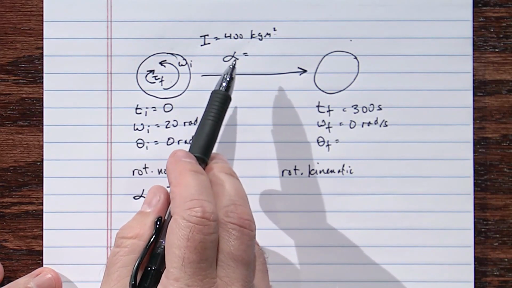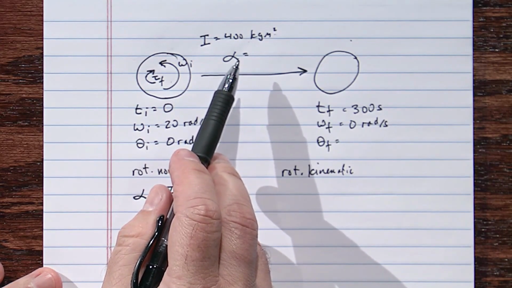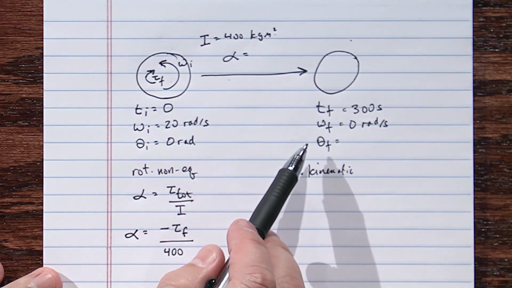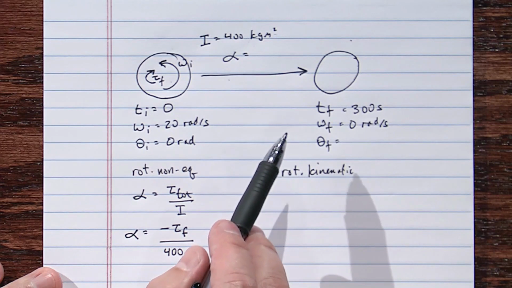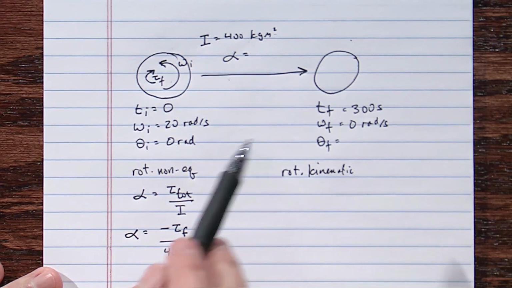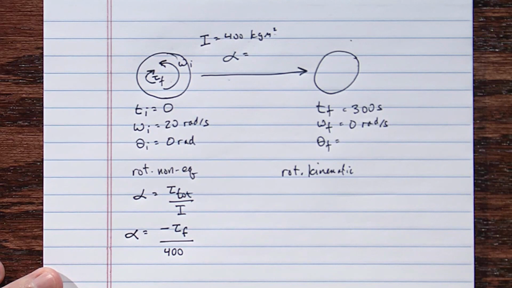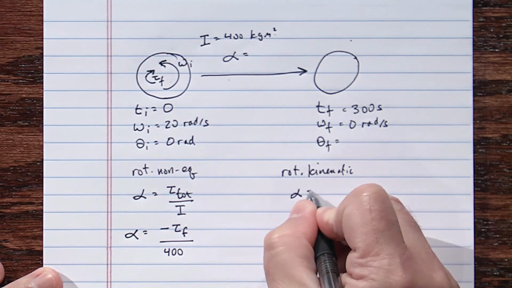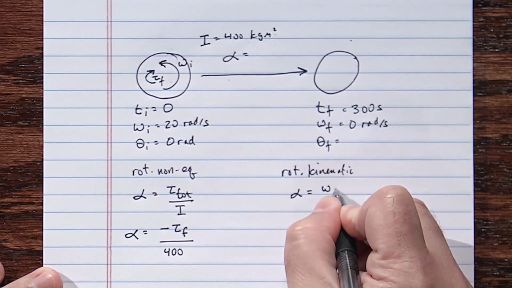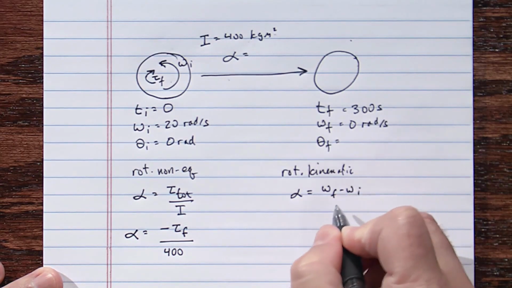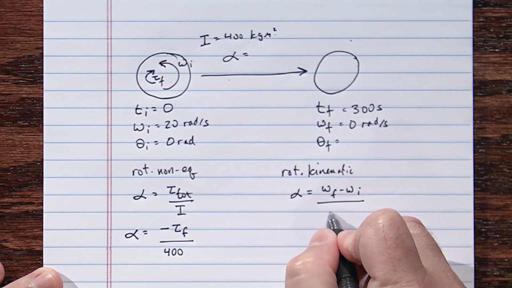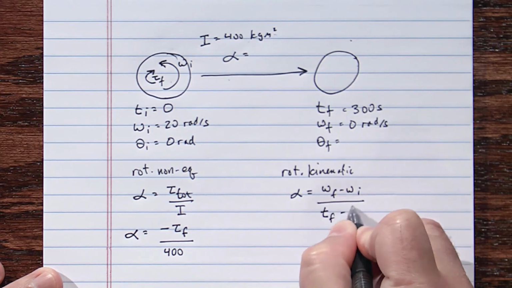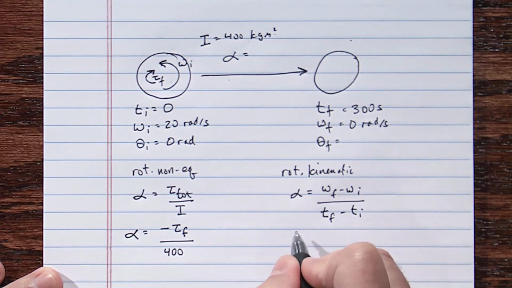We don't know theta final, so we want our rotational kinematic equation that does not include theta final. That would be angular acceleration is equal to omega final minus omega initial over time final minus time initial.